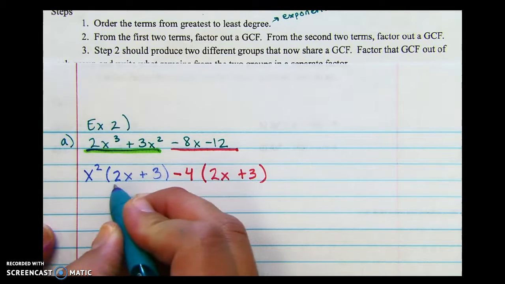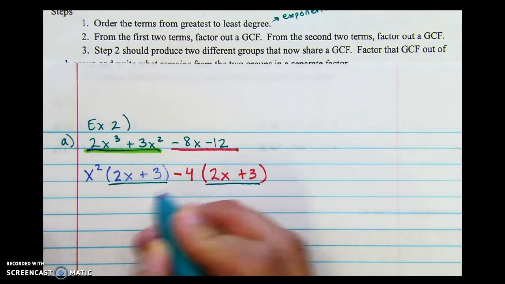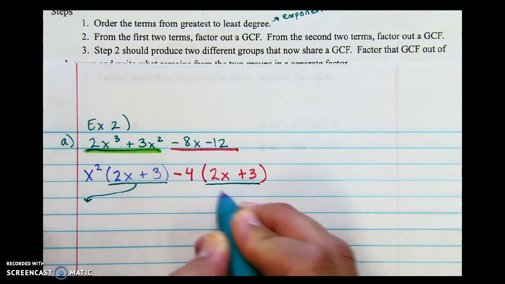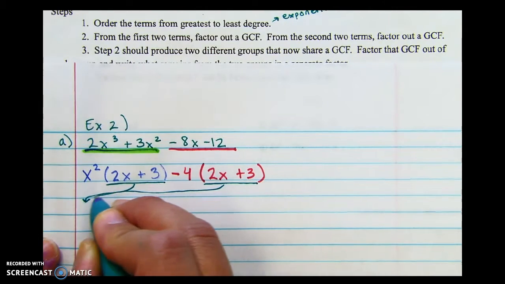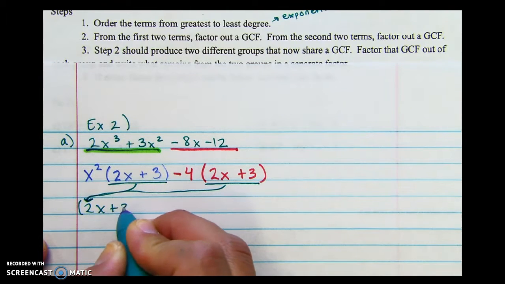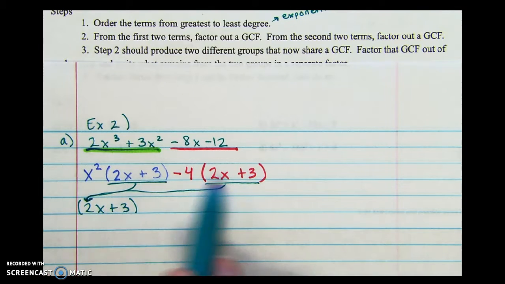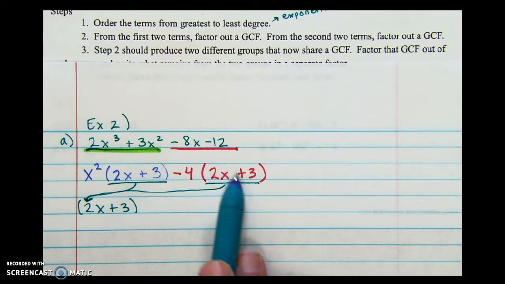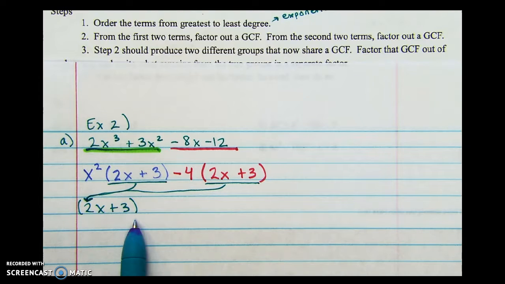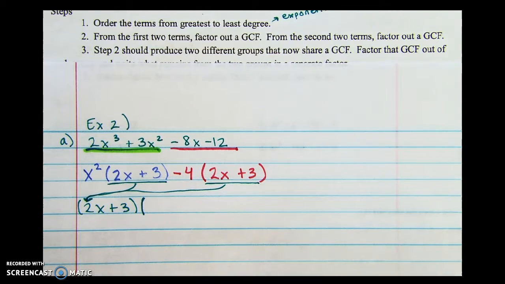So our new greatest common factor is 2x plus 3. This is kind of the silly part where students think I'm doing magic, but I'm not. 2x plus 3 is actually going to be factored out of both of these terms, the blue term and the red term. I'm factoring it out in front, and then I'm doing another parenthesis.